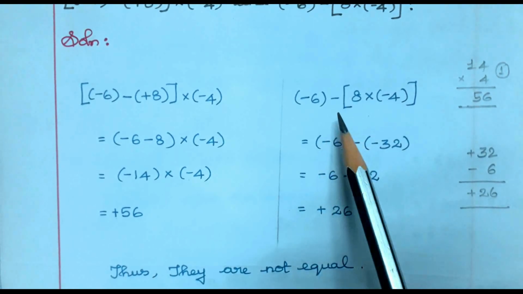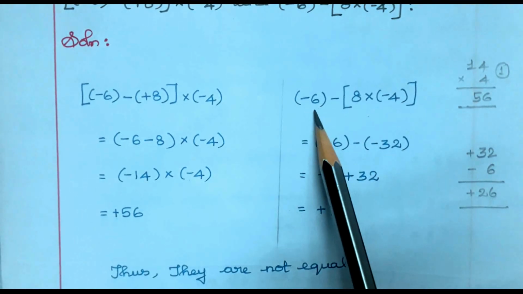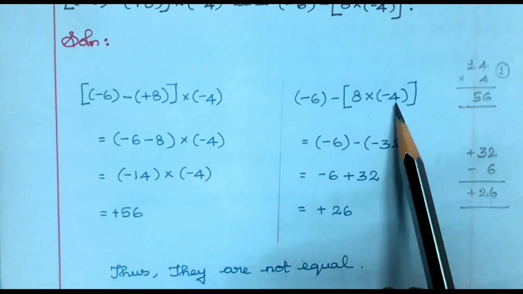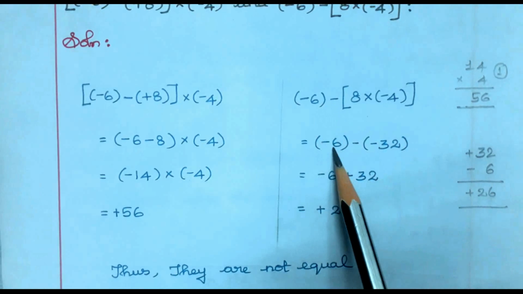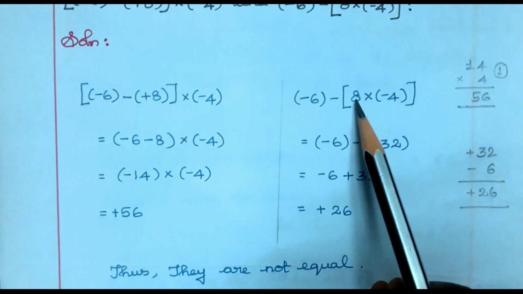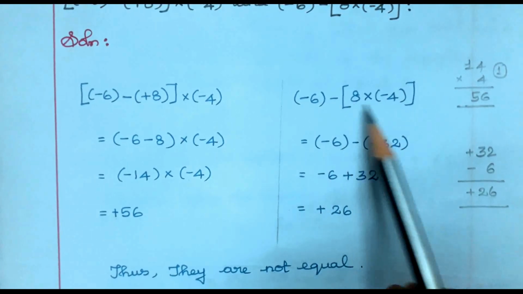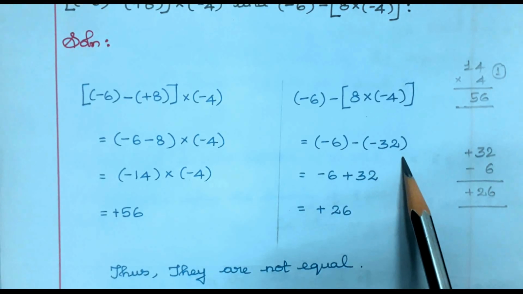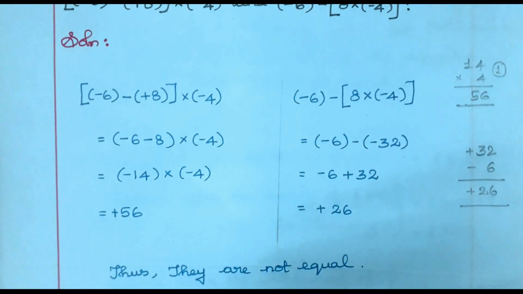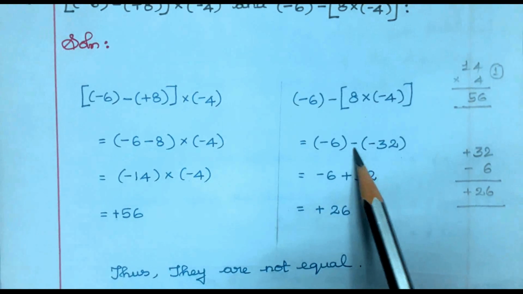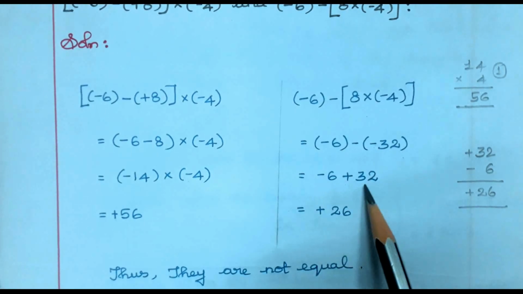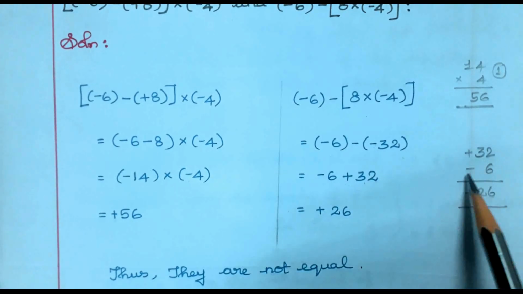When you go for the second expression, minus 6 minus 8 into minus 4. Clear? So minus 6 as it is, minus as it is. So plus into minus, minus 8 into 4 is 32. Now, go for the product of the signs. Minus into minus is plus. So minus 6 plus 32, that is 32 minus 6.